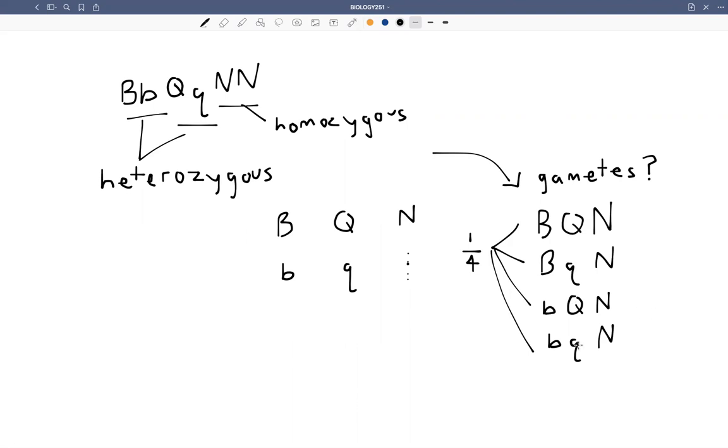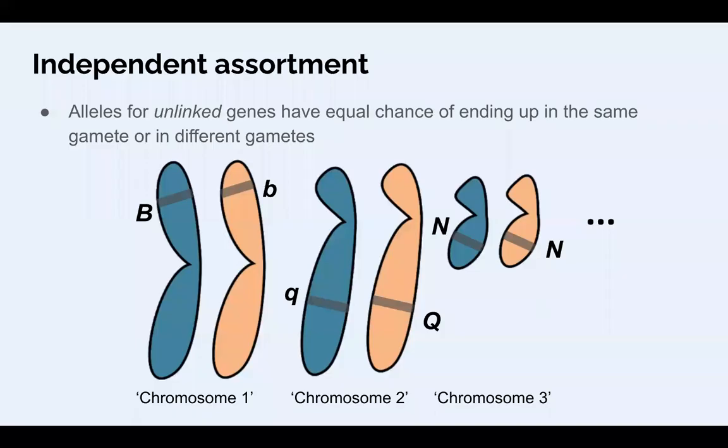So there's still equal chance that those are getting combined, and the chance that big Q ends up with big B is independent, or equally likely, that big Q goes with big B as big Q goes with little b. So that's the law, independent assortment. A couple terms that are useful as you think about these inheritance patterns and predicting inheritance patterns in genetics.